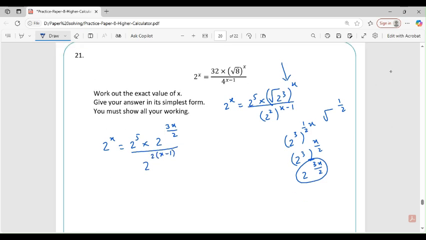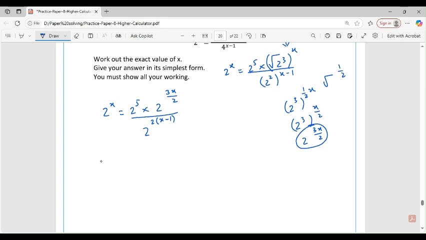So in the next step I can further simplify. 2 to the power x is equal to 2 to the power 5, and this is going to be multiplied by 2 to the power 3x over 2 divided by 2 to the power 2x minus 2.